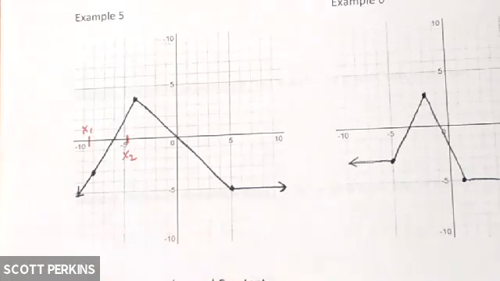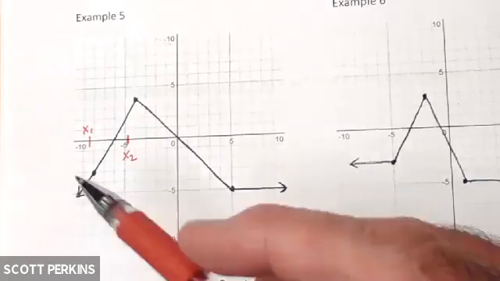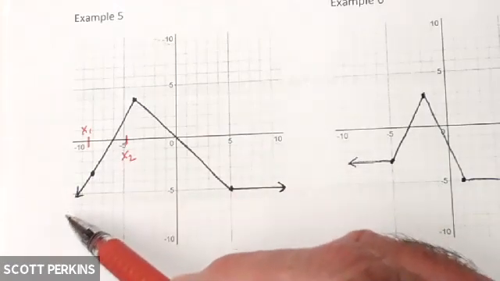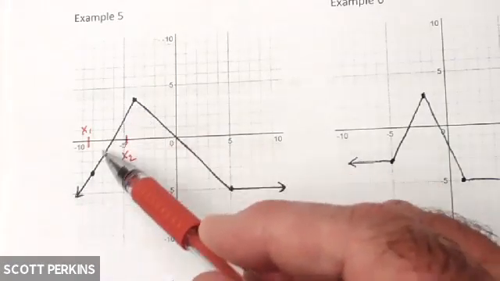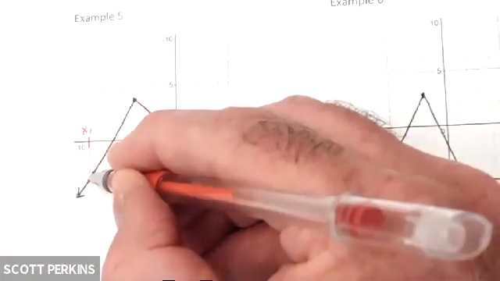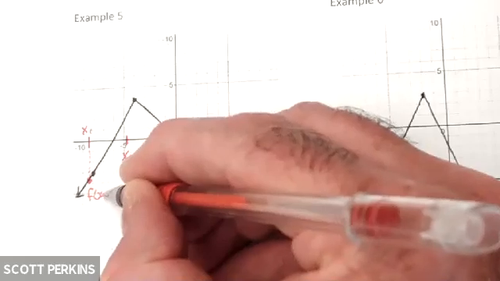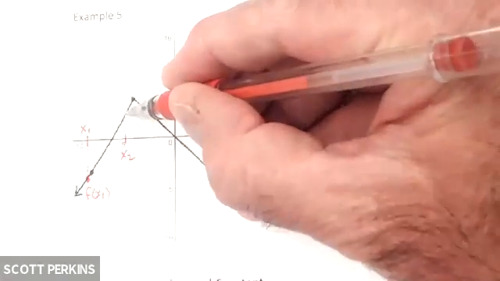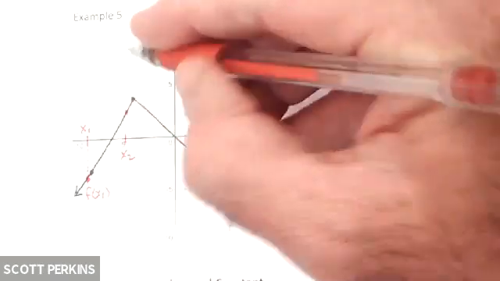Well, let's look at the corresponding function values, because you told me just by observing that increasing means to get larger, you said this was the increasing part of the graph. So let me go down to this function value. This right here is the function value at x1. And then when I make my dotted line here, this is the function value at x2.